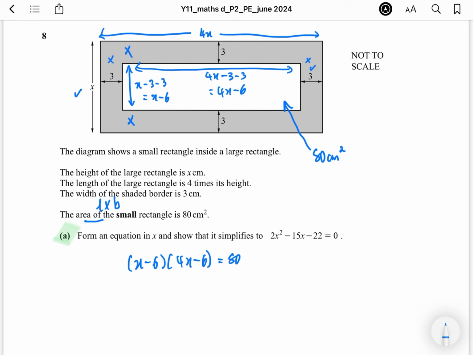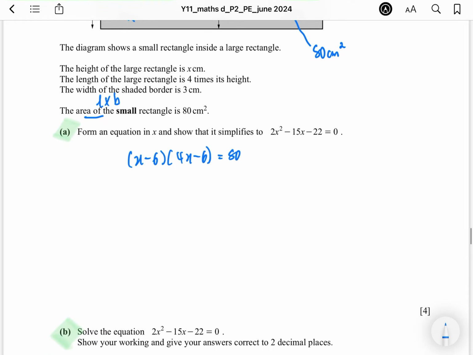given as 80. This is an expanded form of quadratic. So I'm going to expand. Again, you may use the method you like, but I'll just show you and be consistent.